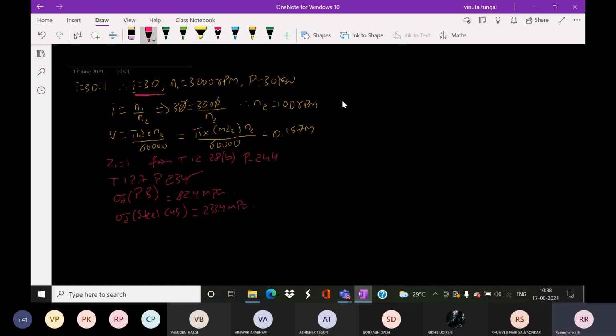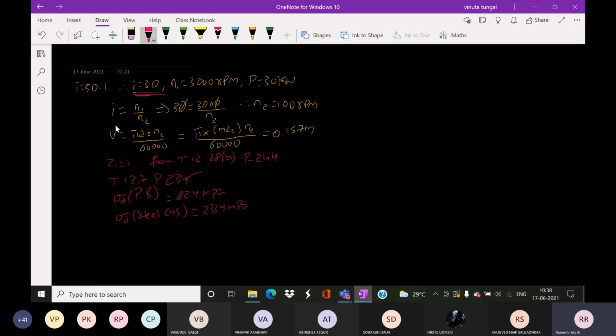After getting the value of N2, next, you know that from the table 12.28b, page number 244. Actually, this step I should have written first. I have missed that.